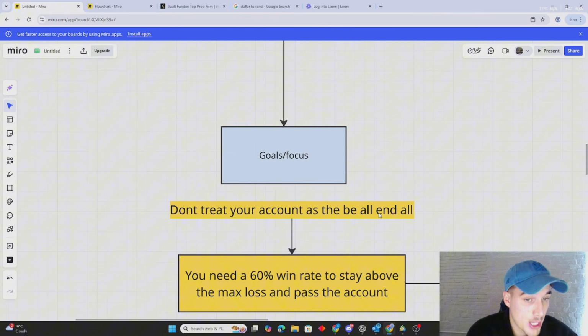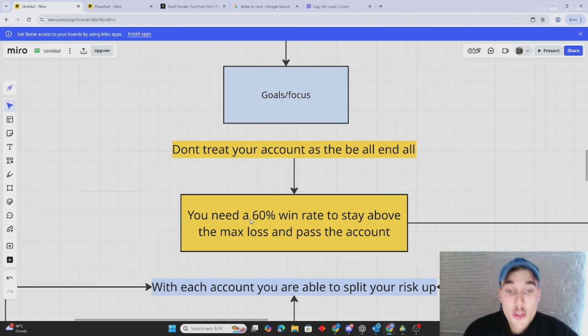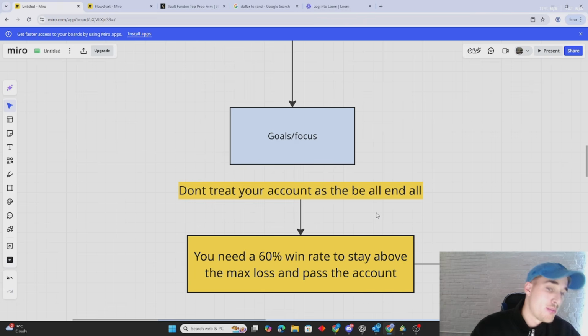Okay. You will need a win percentage of 60% to stay above the max loss and pass the account. So in order to actually make money, pass the accounts, and still stay above the loss mark, essentially you need to, out of 10 trades, hit 6 trades out of 10 to pass the account and make money.